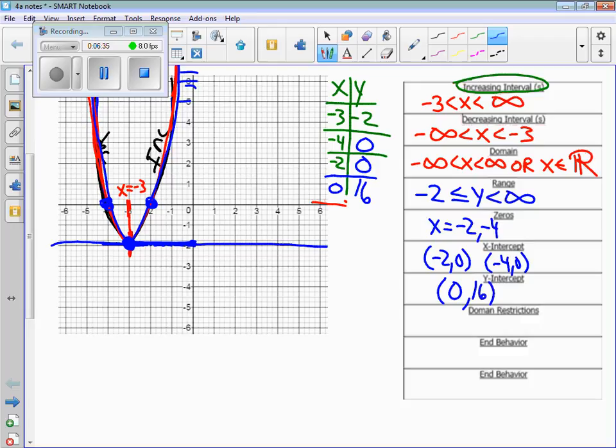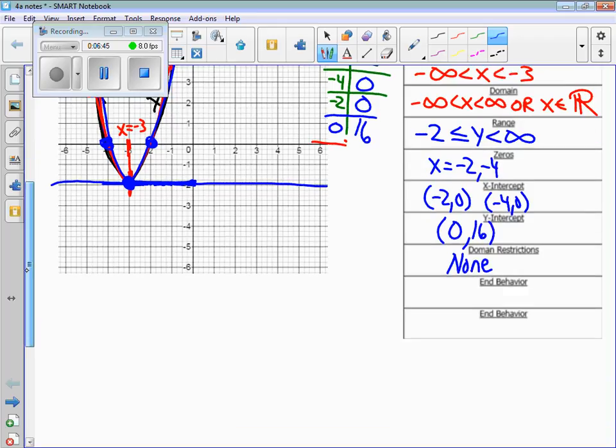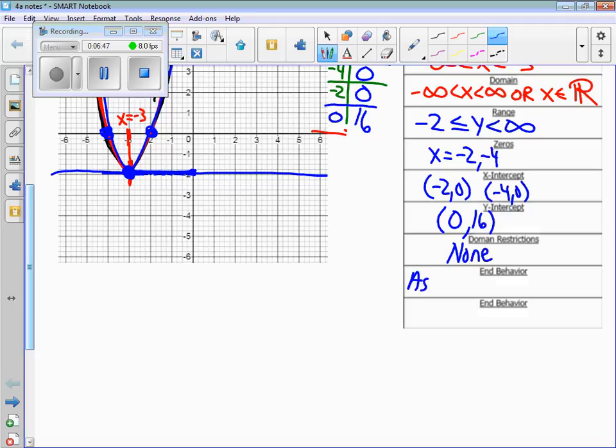Domain restrictions. Since the domain was all real numbers, there are no restrictions on it, no asymptotes, no stopping points. And end behavior. As x goes to negative infinity, that's the left side of the graph, keeps going left. What's happened to the graph? It's going up.